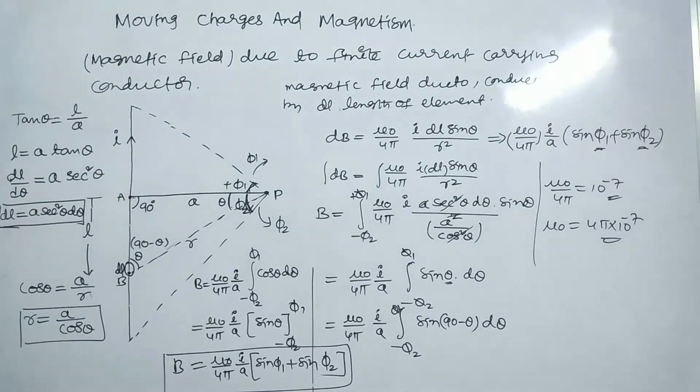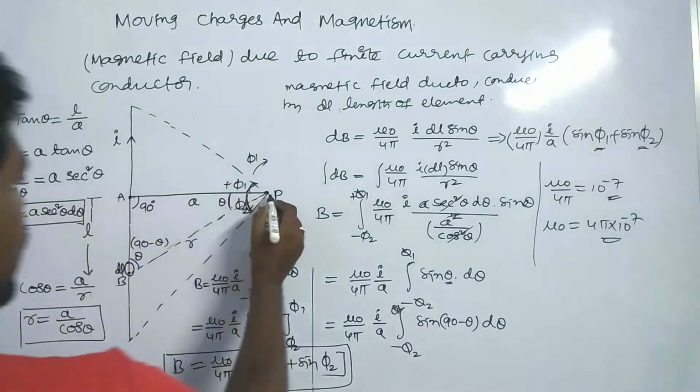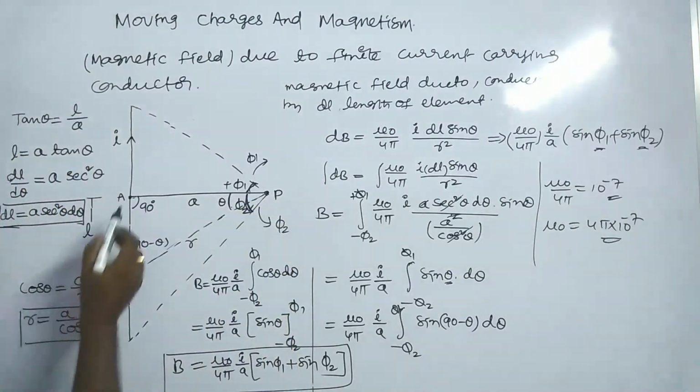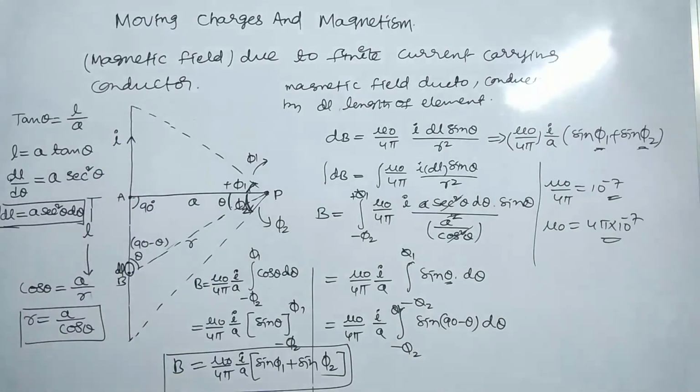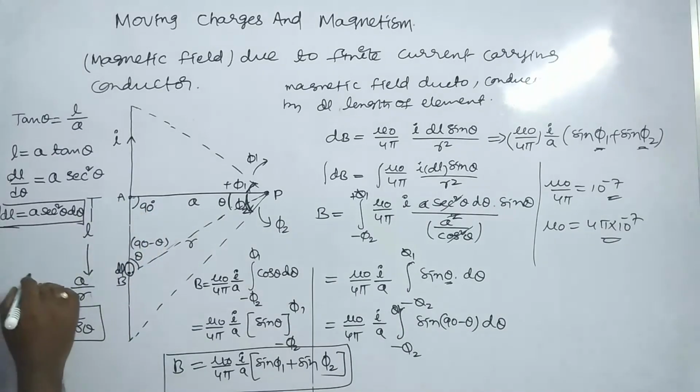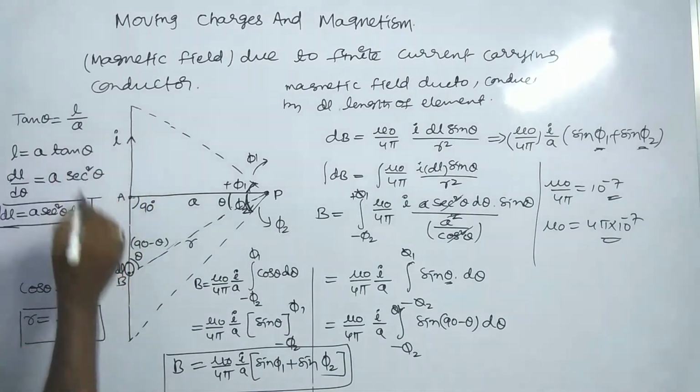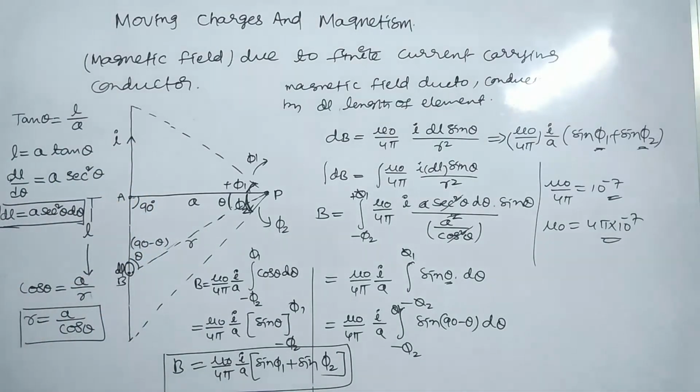Very, very important. So what we have to do here is find the magnetic field at the point P. This point does not have to be the midpoint; whatever point you take is fine. There is no rule to take the midpoint, or the starting point, or the final point. It does not matter at all.